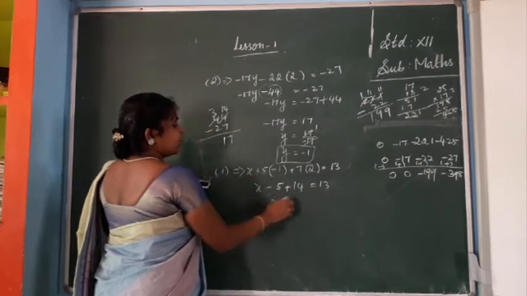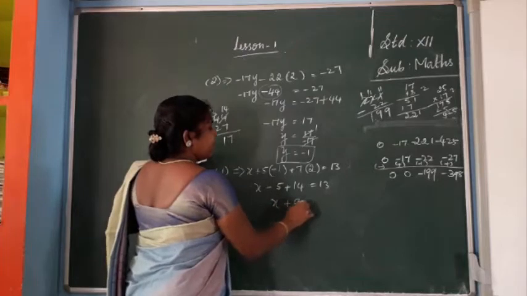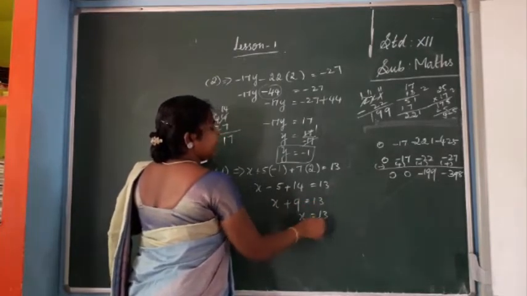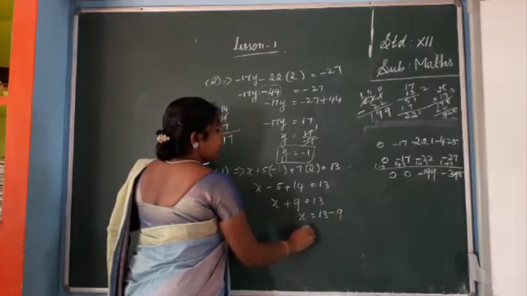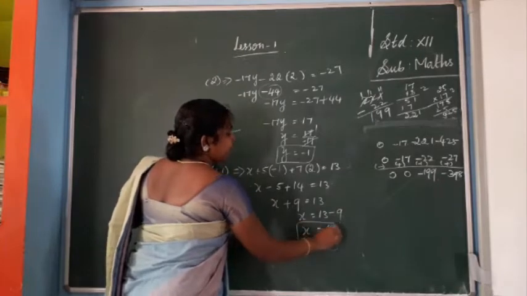Okay, now see, 14 minus 5 is 9. So x plus 9 equal to 13. So x equal to 13, taking 9 to the right hand side, minus 9. So x equal to 13 minus 9 is 4. So the value of x equal to 4.